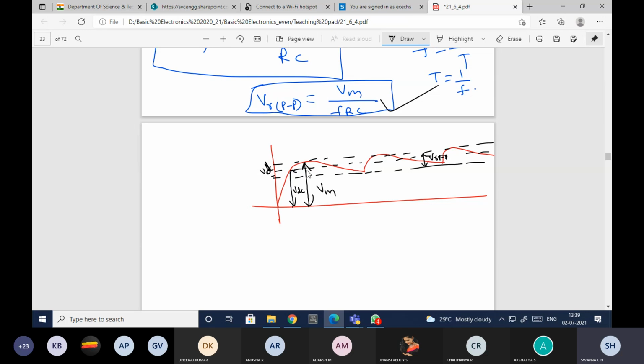In order to find VDC, I will write VM, from here to here, which I know, and subtract this portion, which is VR peak to peak by 2, because this total is VR peak to peak and half of it is VR peak to peak by 2. So VDC is nothing but VM minus VR peak to peak by 2.